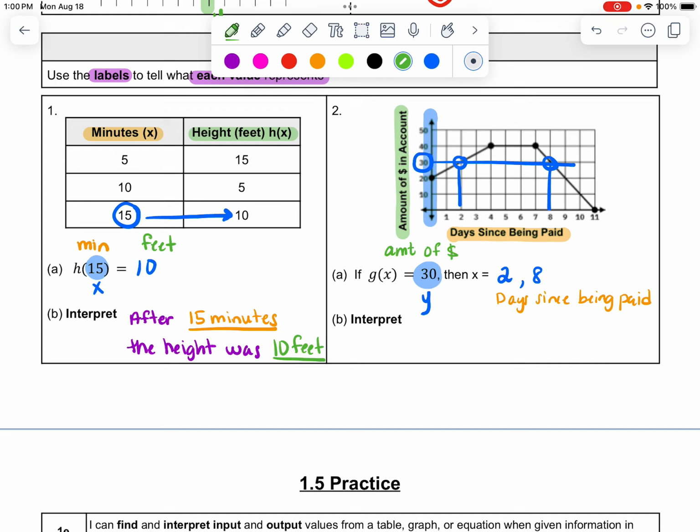So my interpretation is going to look something like this. After 2 and 8 days, because there were 2 places this happened, there was $30 in the account.